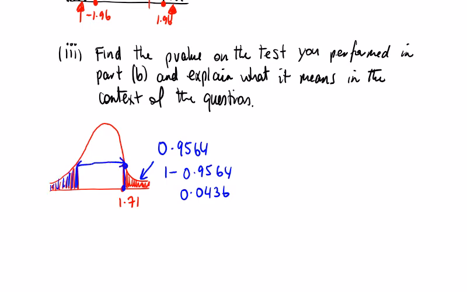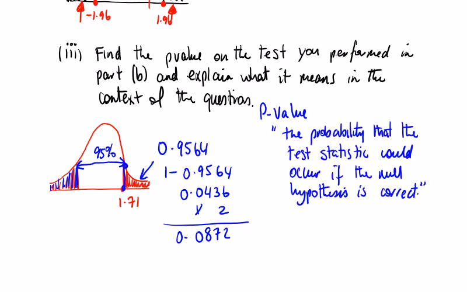Now, in the context of this question, we are doing what's called a two-tail test. So the 95% is in here. So the tails add up in this case, if we multiply this by 2, to 0.0872. So this is my p-value, 0.0872, which is 8.72%. And what this means in the context of the question, the p-value is the probability that the test statistic could occur if the null hypothesis was correct.